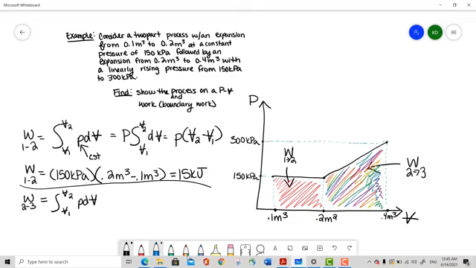PdV, same formula again, but we're doing this for state 2. So where this was P1, this will be P2, V3 minus V2. And then we need to look at the expansion, right?